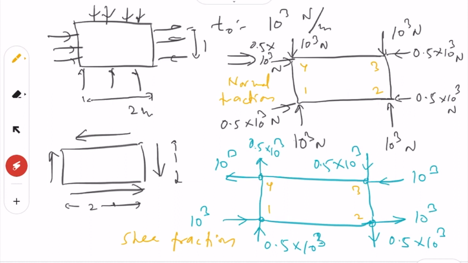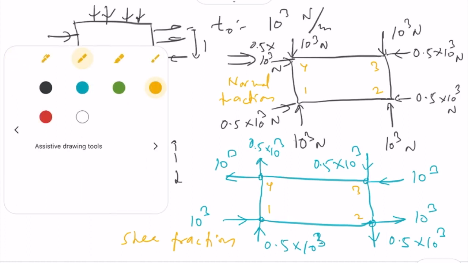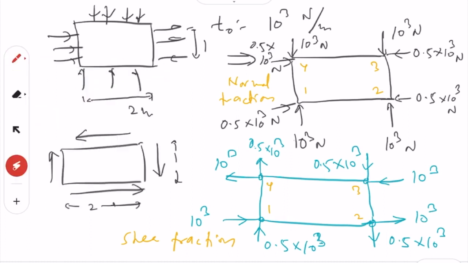So from here, in x direction we have 0.5 here and we have 1 here, so 1.5. I will just write it in kilonewton. So this is 0.5 and here 1, so 1.5 kilonewton.